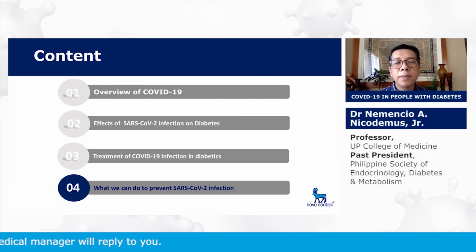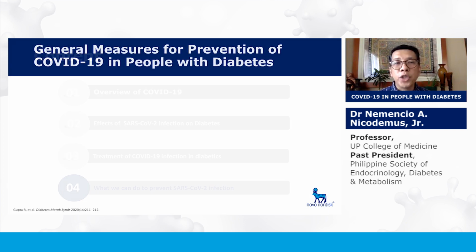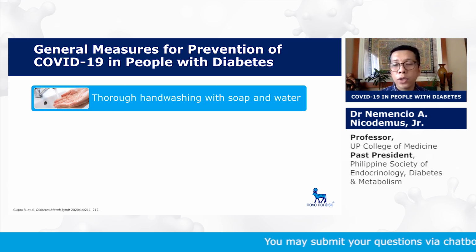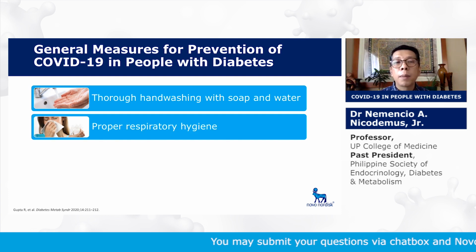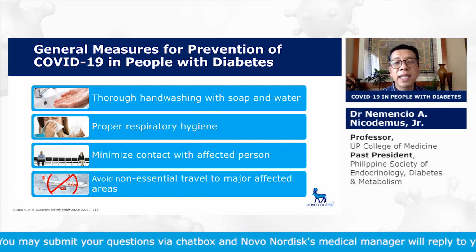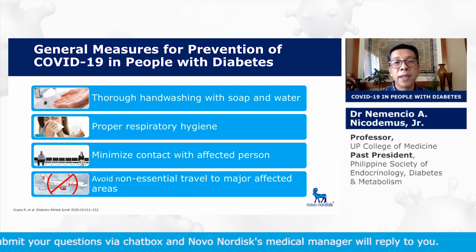Finally, is there something that we can do to prevent SARS-CoV-2 infection among our patients with diabetes? Some of the general measures that are recommended to prevent COVID-19 among people with diabetes include thorough hand washing with soap and water, proper respiratory hygiene, minimize contact with affected individuals, and avoid non-essential travel to major affected areas.